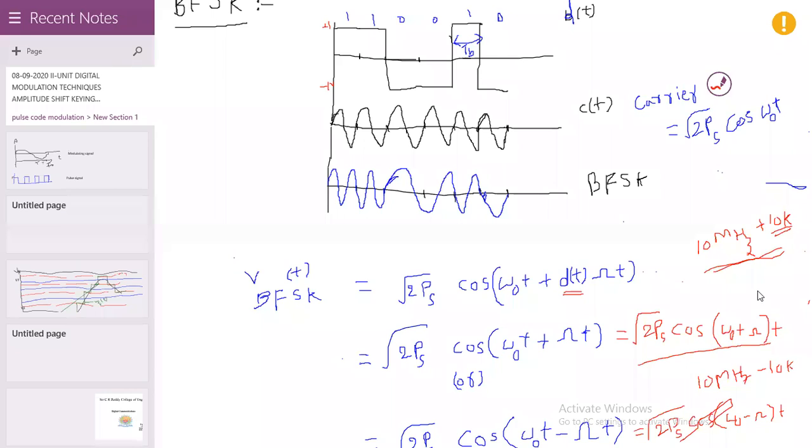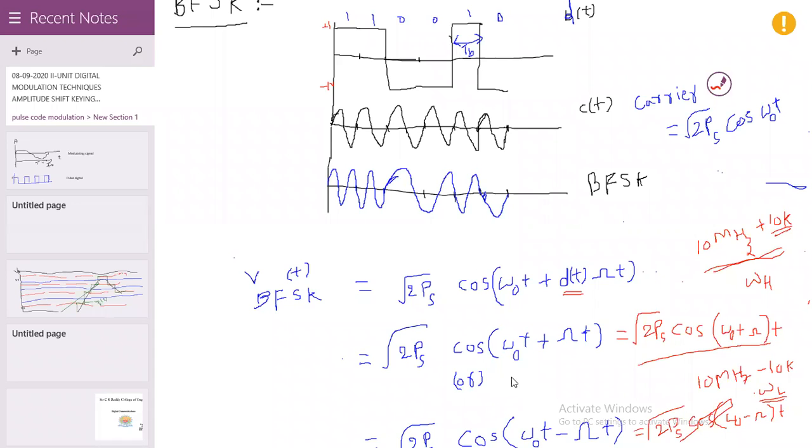When 1 is there, the frequency is increased, generally indicated as omega H. And where there is a logic 0, data is 0, that is minus 1 volt, we indicate omega L, the low frequency.